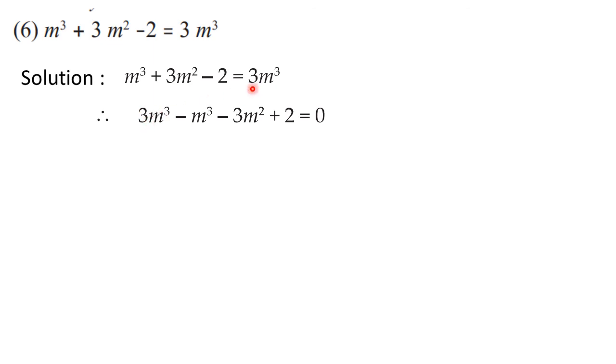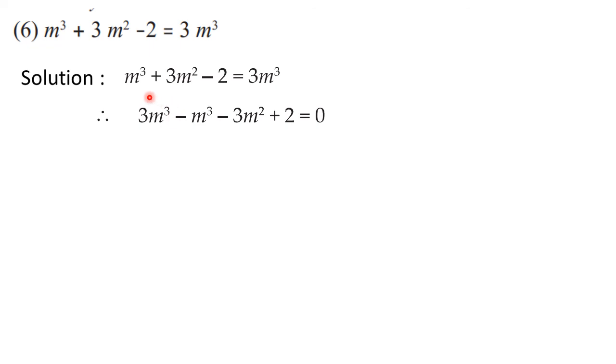Here, see, this 3m cube is positive. That is why all these three terms are shifted here. But while writing, they have written on the left hand side. So you will find the signs of all the three terms are reversed. See, minus m cube minus 3m square plus 2 is equal to 0.